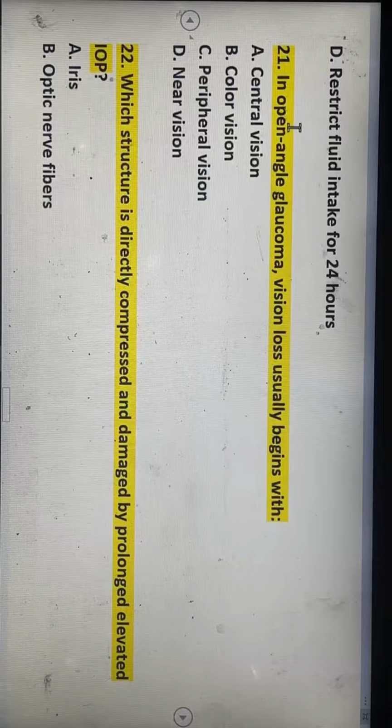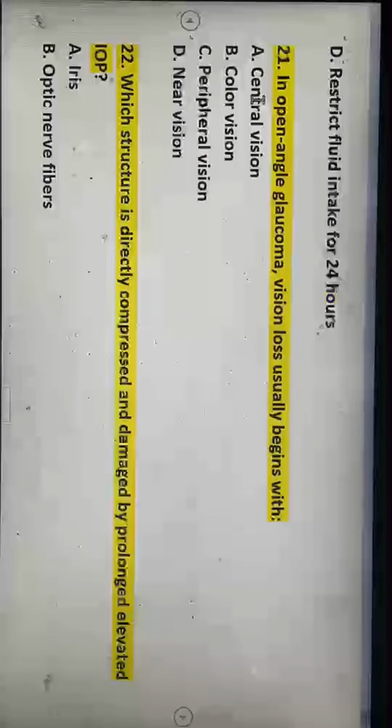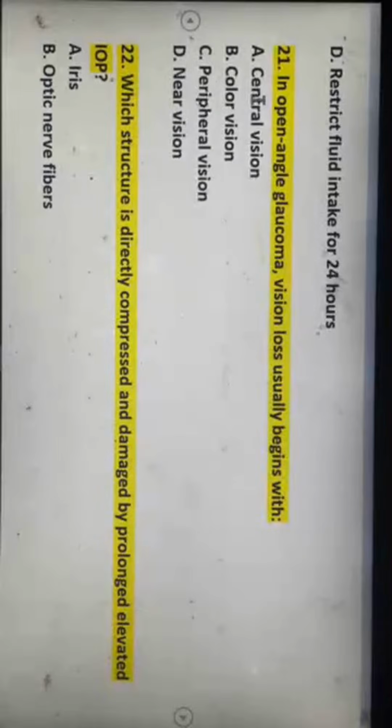21. In open angle glaucoma, vision loss usually begins with A. Central vision, B. Color vision, C. Peripheral vision, and D. Near vision. Very good question.